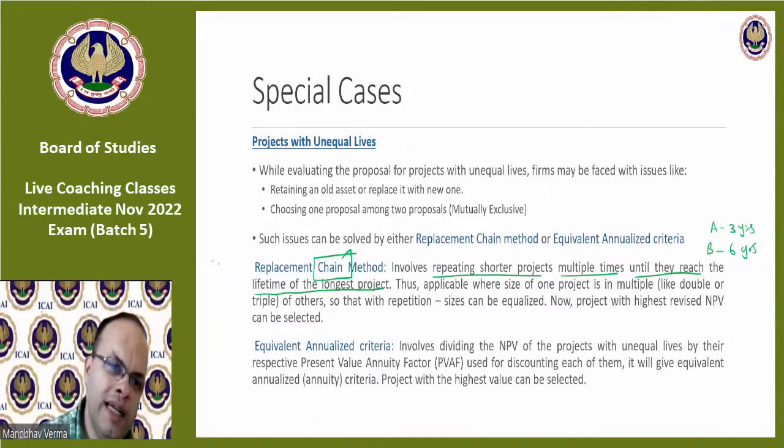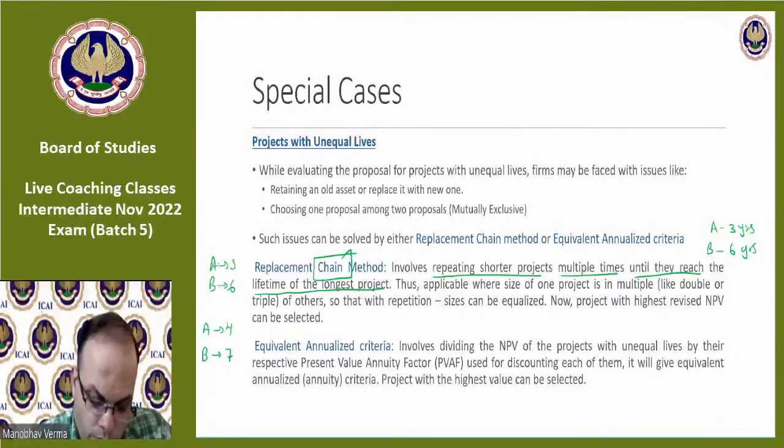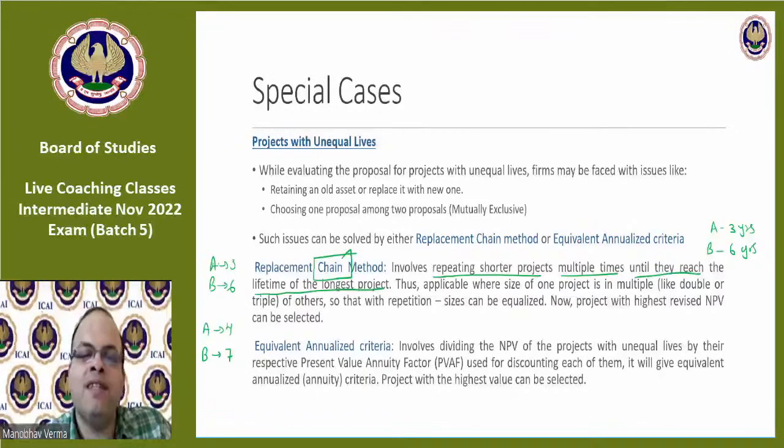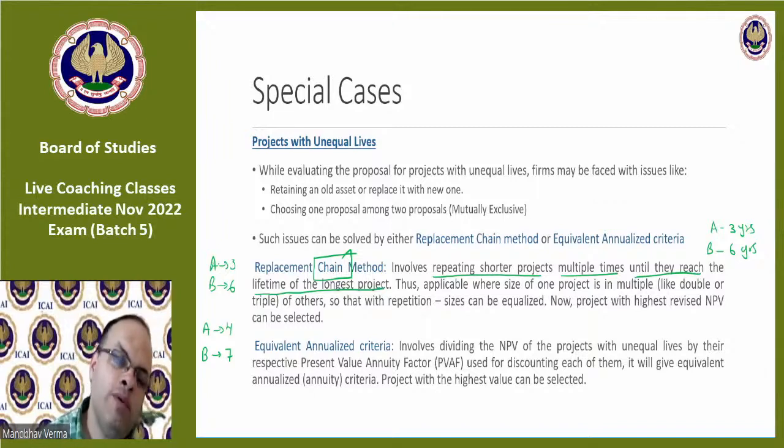I told you that project A is of 3 years, project B is of 6 years, but what if project A is of 4 years and project B is of 7 years? In that case, would you follow the mathematical LCM? I don't think so, right? You cannot keep on repeating projects A and B until the lives are the same. You cannot go to 28 years. Then you would follow the other method called equivalent annualized criteria.